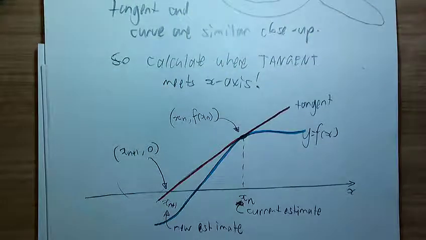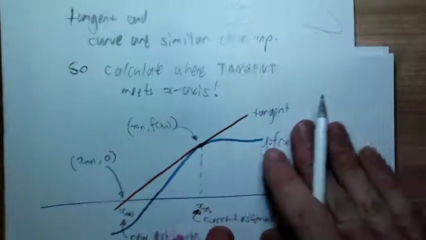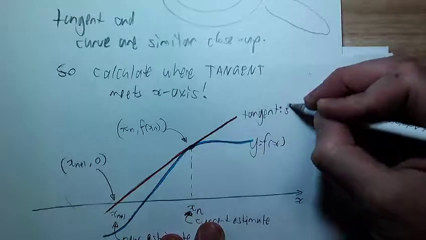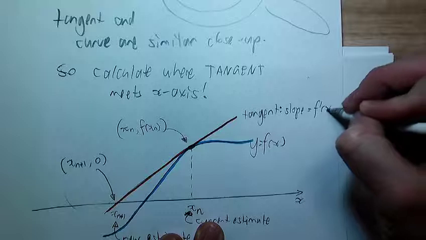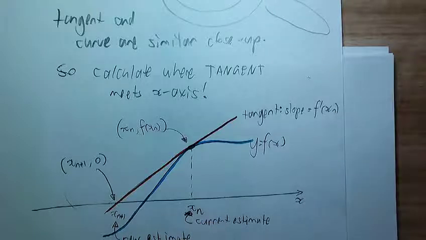One more thing to notice on this diagram: I know what the slope of that tangent is. It's a derivative. That's one of the things that derivatives are for, figuring out slopes.